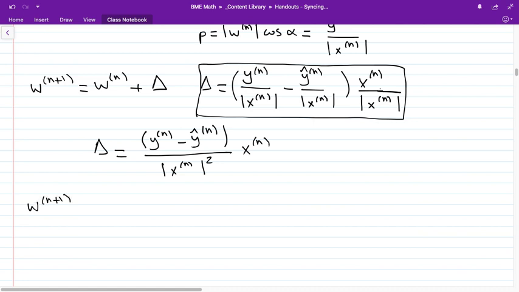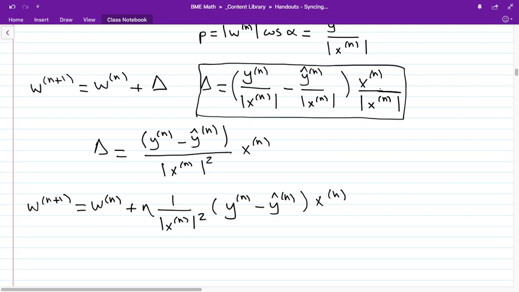W of n plus 1 is equal to W of n plus some fraction of this error that I want to remove. I'm going to put an eta in front of it, times 1 over x of n squared, times my prediction error, times x of n. This is my learning algorithm.